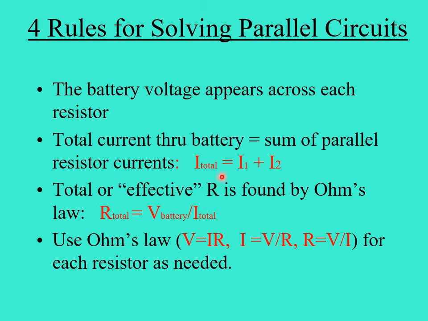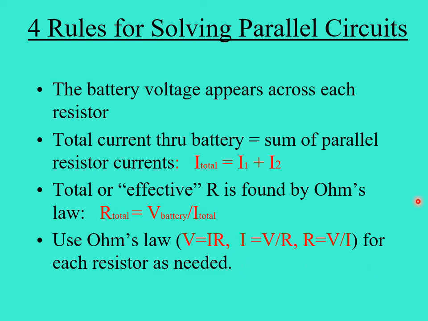So in other words, if there are 2 resistors, then the total current is I1 plus I2. Rule 3, the total or effective resistance is found by Ohm's law. R total is equal to the voltage of the battery divided by the total current. And then, as always, we can use Ohm's law in either of its 3 forms for each resistor as needed.